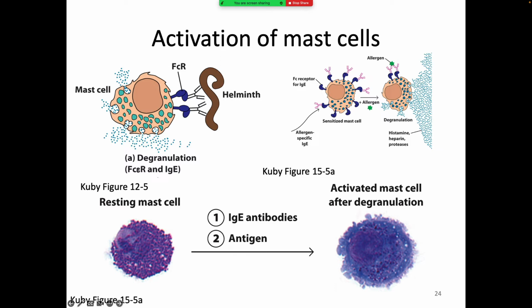What actually happens with the mast cell is a little bit unique, in that when mast cells are hanging out around your body, they have lots of Fc receptors. And if they happen to come across the antibody that matches those Fc receptors, they end up with antibodies on them before there's any antigen, before there's any problem.